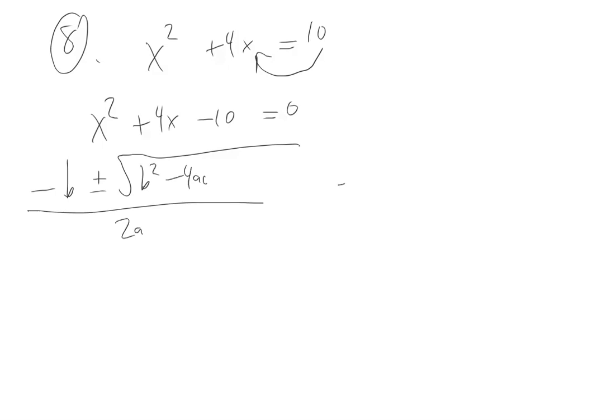So negative b would be, okay, so there's a 1 at the beginning. So a equals 1, b equals 4, c equals 10.